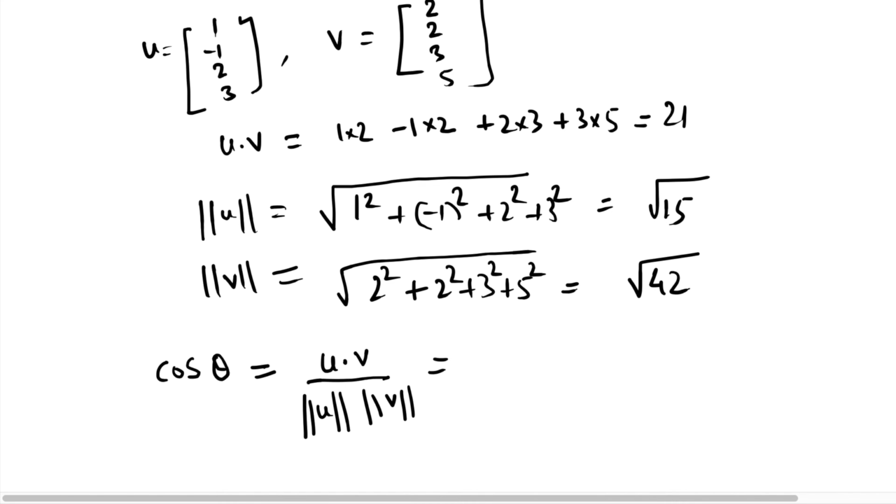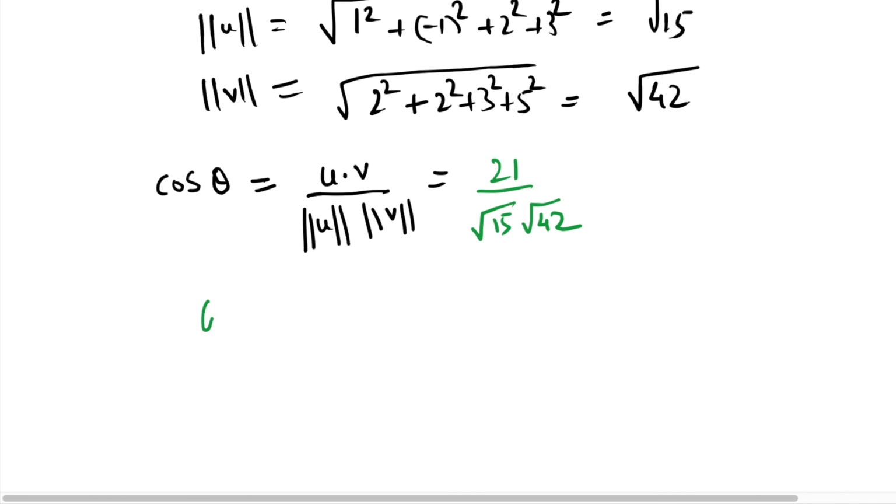And this value will be 21 divided by square root 15 and square root 42. Basically theta will be nothing but the cos inverse of this value, 21 by root 15 root 42.